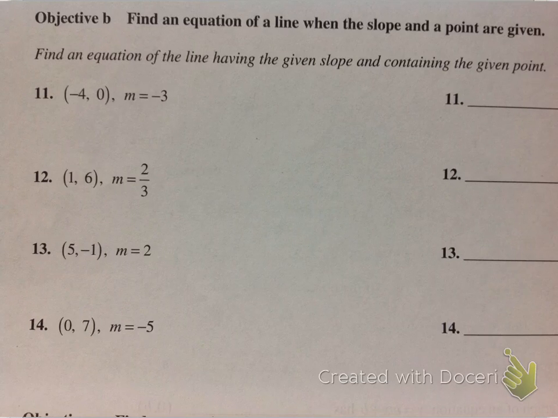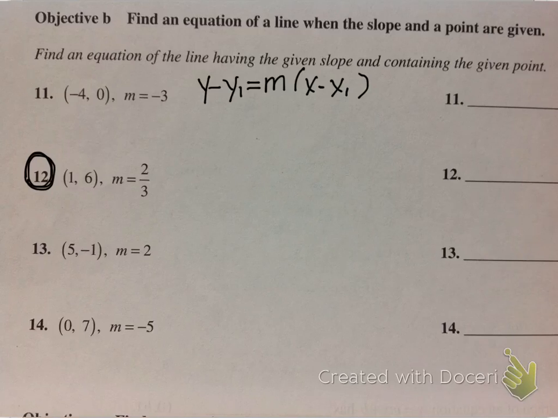So what happens if they don't give me the y-intercept, if they just give me some random point? Well, there are a couple different ways that we can tackle this problem, so let's look at number 12. Now, the very first thing in our key terms was something called point-slope form. Point-slope form is y minus y1 equals m times x minus x1.